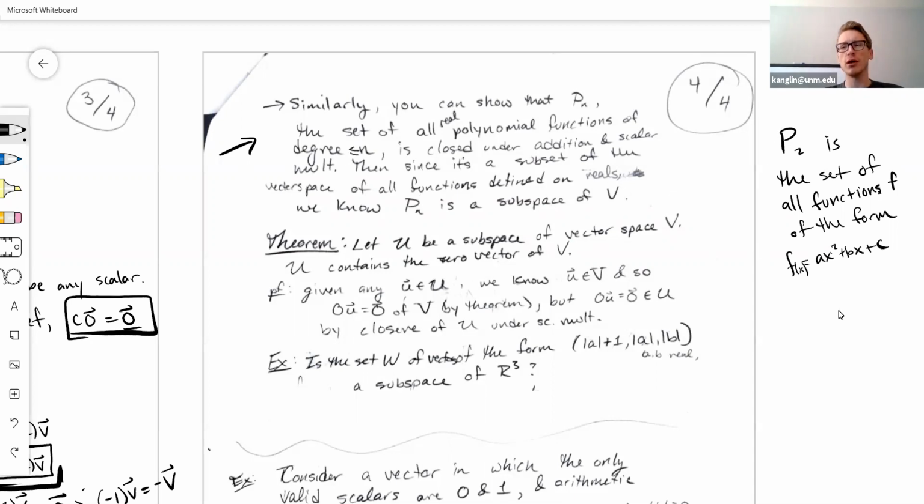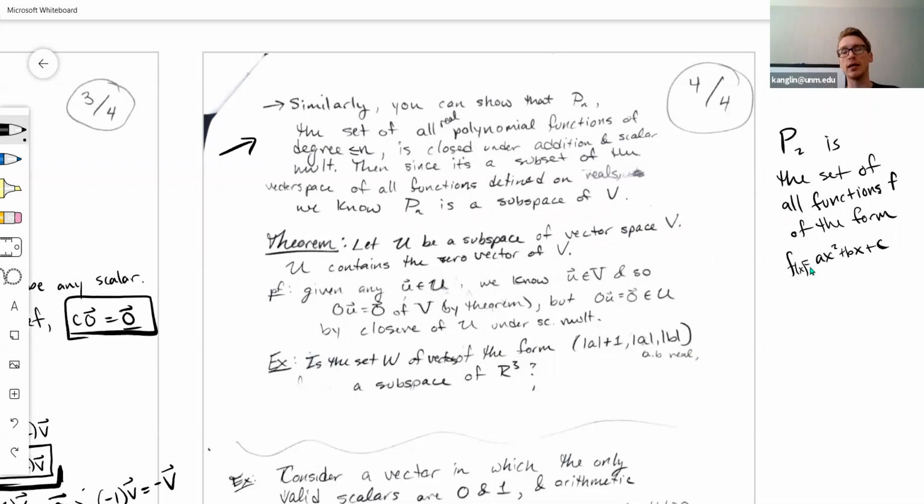If I took a set that contained only strictly quadratic functions, so something that cannot have a 0 coefficient on the squared variable here and no powers above that, if it had to be strictly quadratic, I could take a function minus itself in that subspace, and that would cancel out to the 0 function, which would not have degree 2.